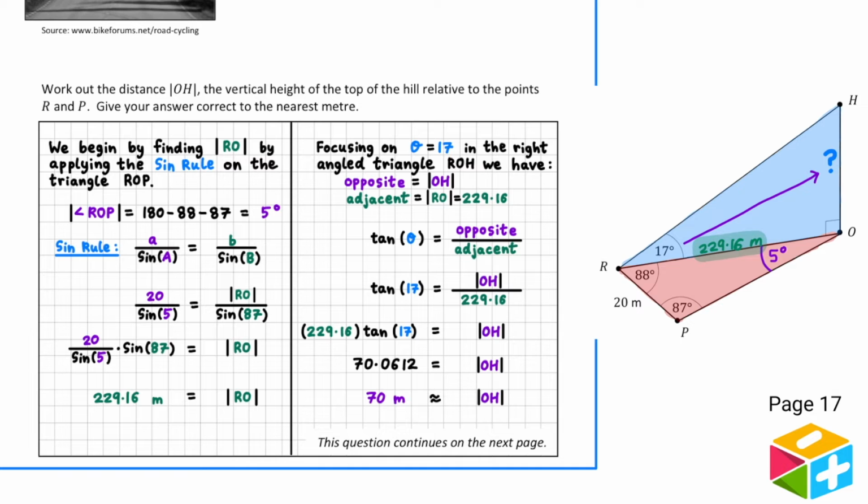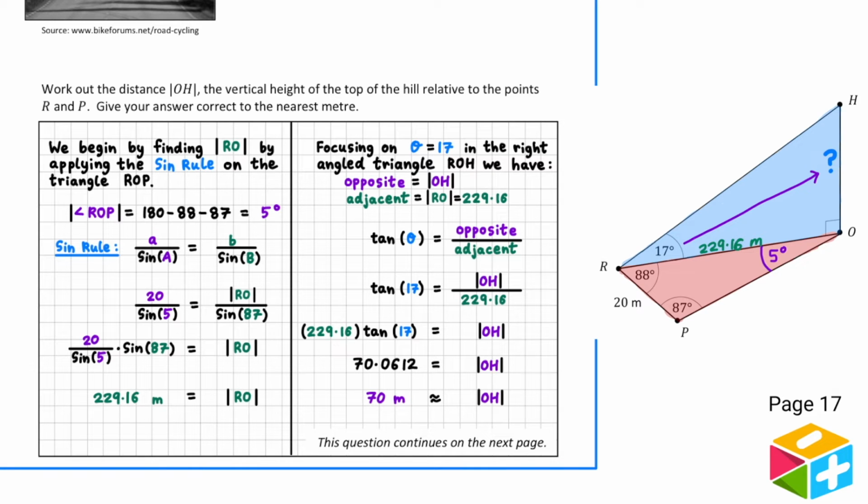In a right-angle triangle, the tan of an angle is equal to the opposite over the adjacent. Here, the angle is 17 degrees, the opposite is OH, and the adjacent is 229.16.